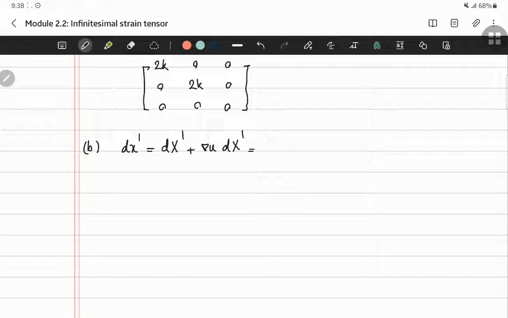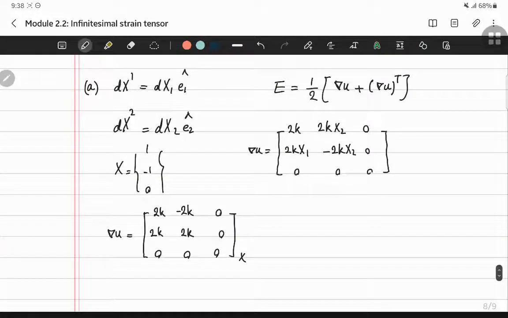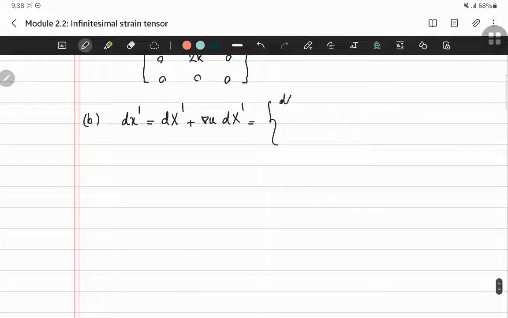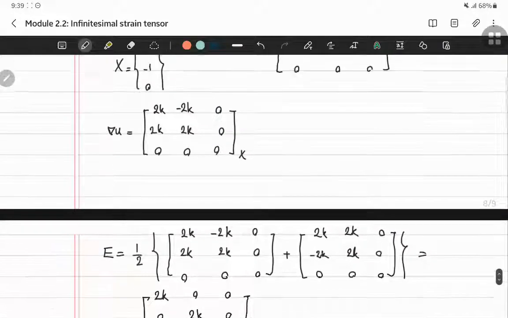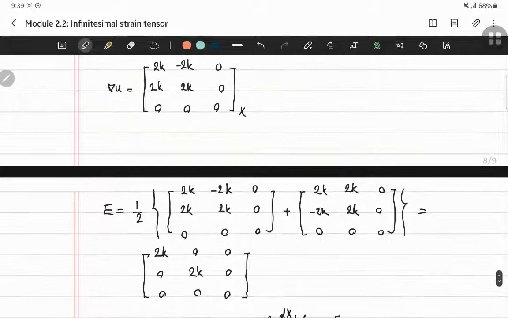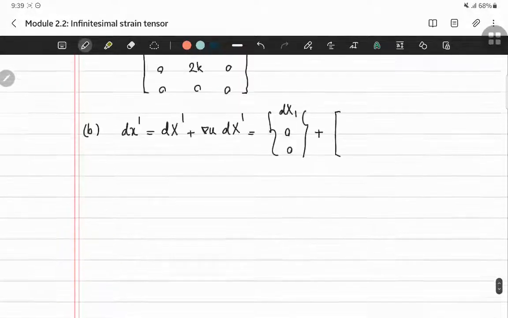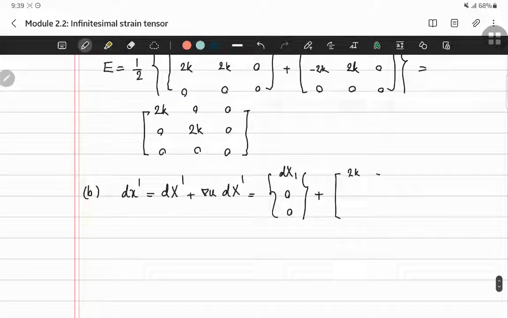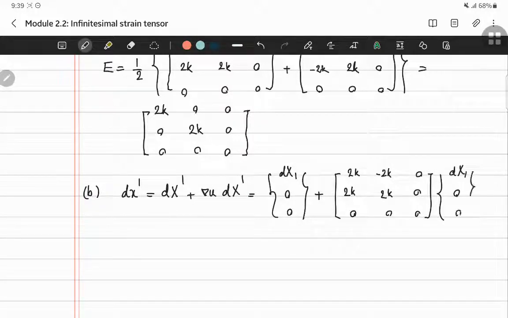So I have dX1, which is basically here, dx1, e1, 0, 0, plus del u, which is 2k, minus 2k, 2k, 2k, the rest are 0, times dx1, 0, and 0.